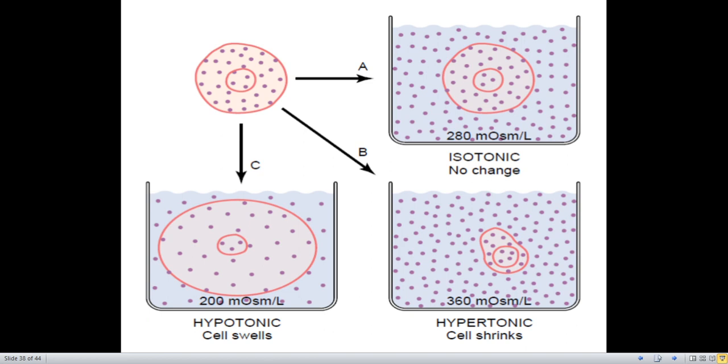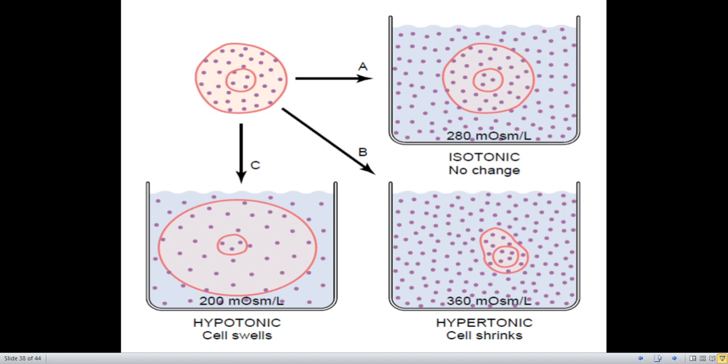This figure summarizes the effects of isotonic, hypertonic, and hypotonic solutions on cell volume. You can see in panel A that if the extracellular fluid is isotonic, there is not going to be any change in the volume of the cell.